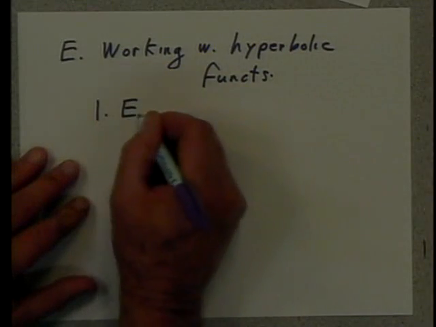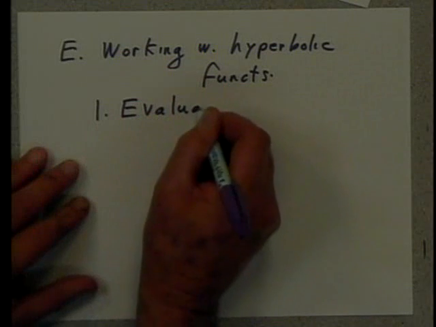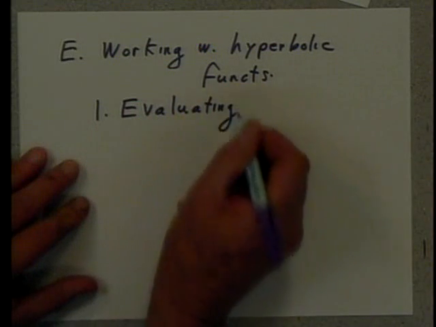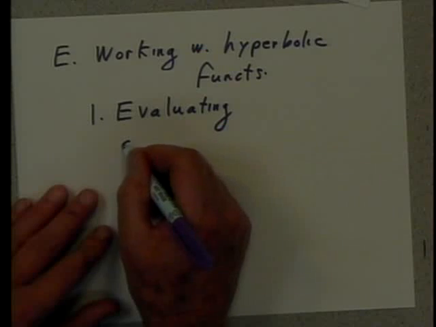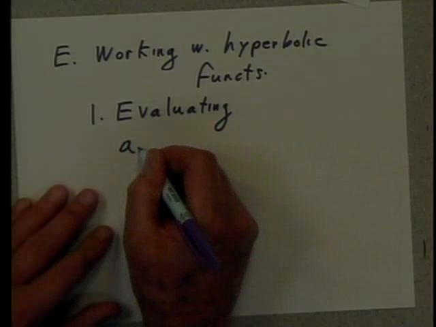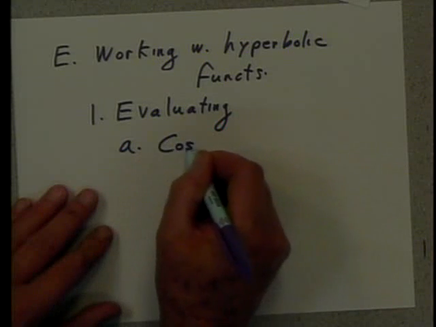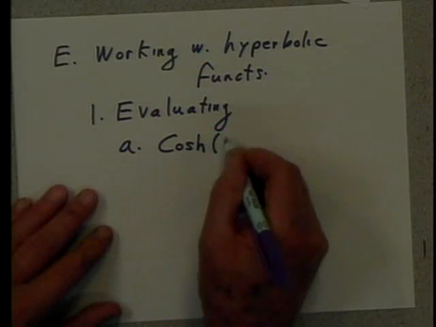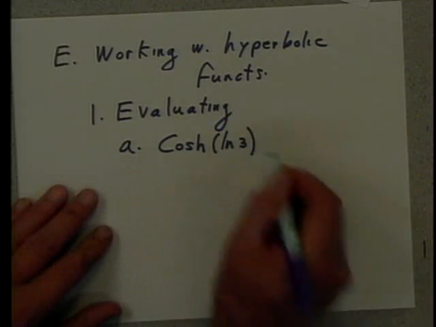Number one is evaluating. And the first example here is I want to find the cosh of natural log of 3.